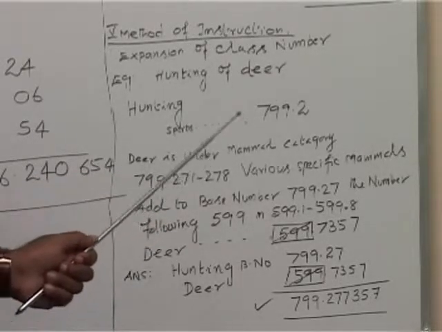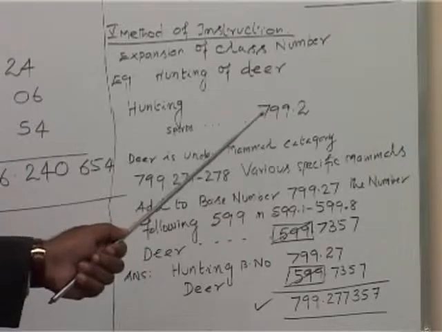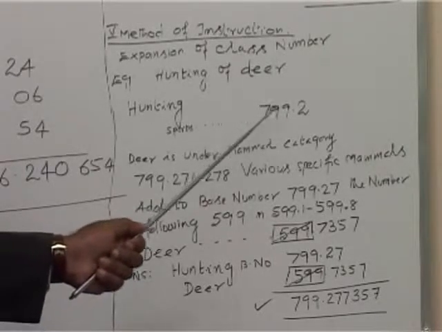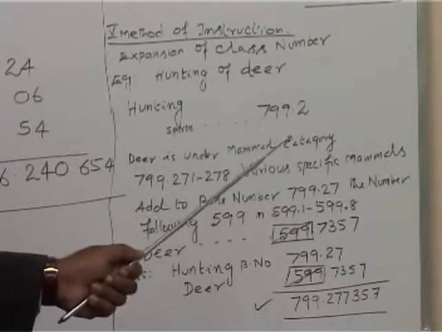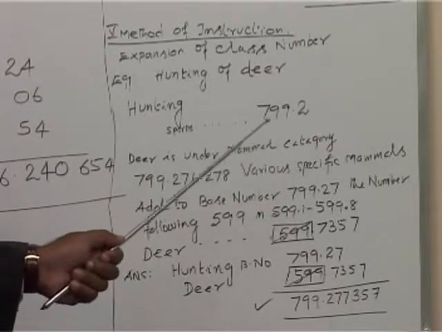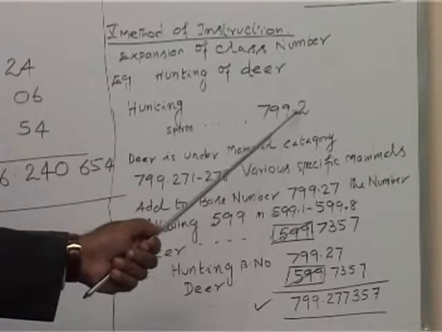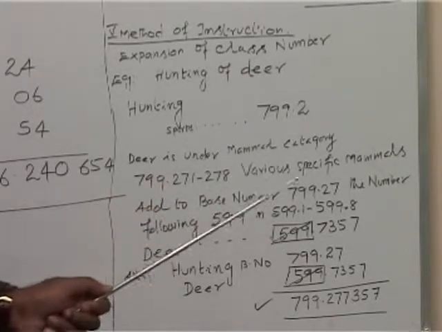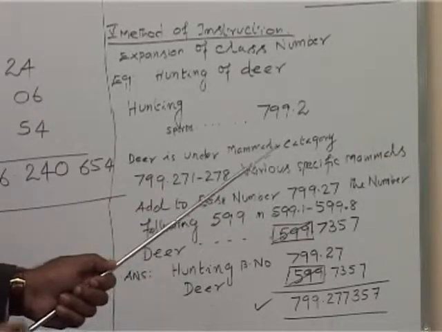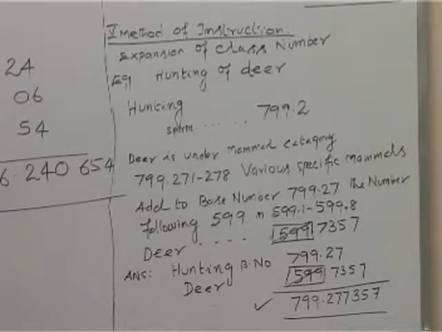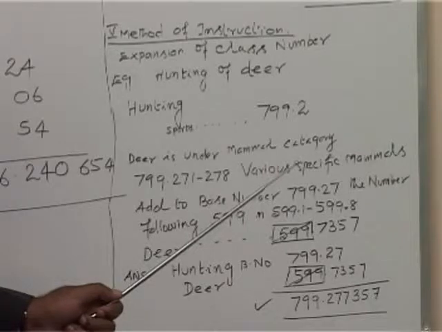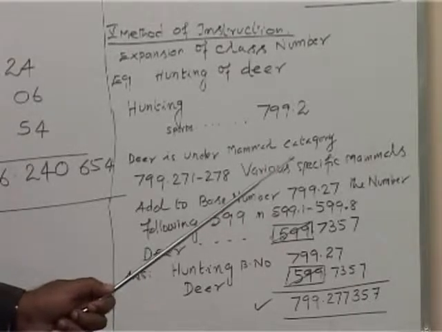Expansion of class number means whatever number you get, for example 799.2, you are authorized to make a move up to 799.29. That means 799.21, 22, 23, in such a way you can go, because in search of instruction you have to move further.